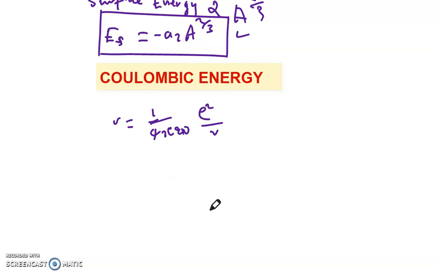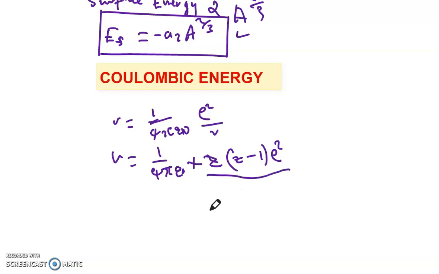For 2 protons in the nucleus, V equals 1 over 4 pi epsilon naught, multiplied by Z, where Z is the proton number, into Z minus 1, all multiplied by e squared, divided by 2, multiplied by 1 all over R, which is the average energy.